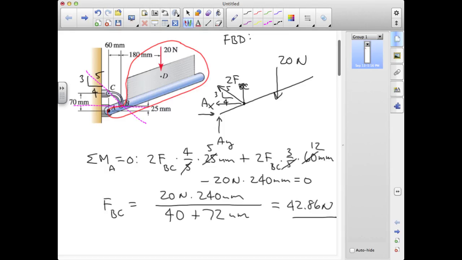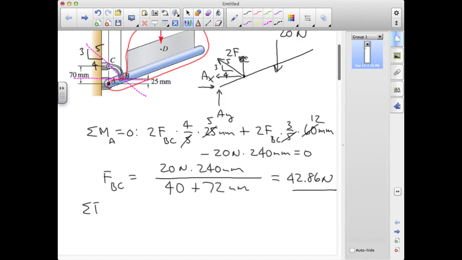So that is the force that's carried by one of those links. I can now just write force equilibrium in x and y to find the reactions AX and AY. Sum of the forces in x equals 0 gives me AX minus the x component of the 2 FBC, so that's minus 2 FBC times cosine of that angle equals 0.